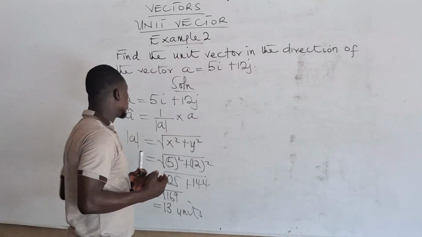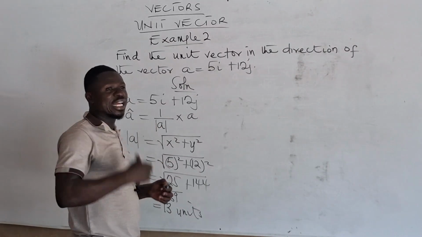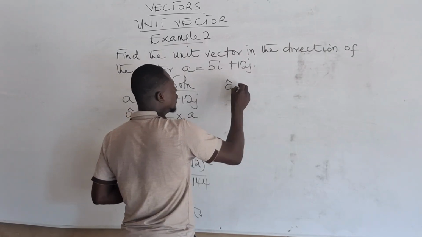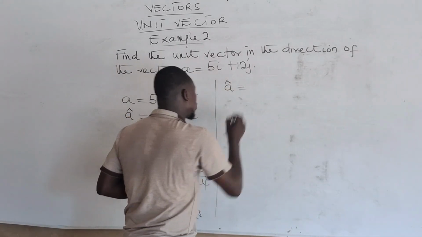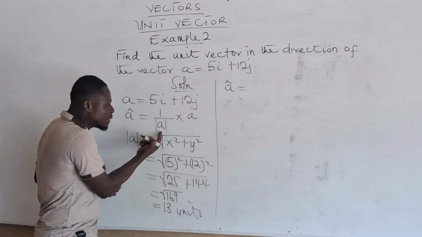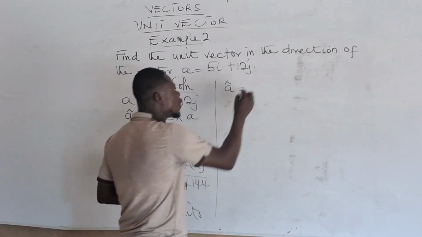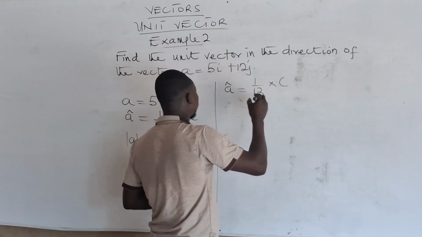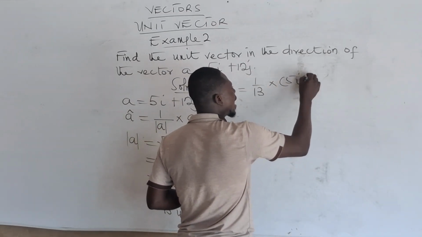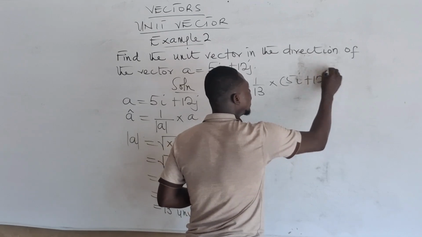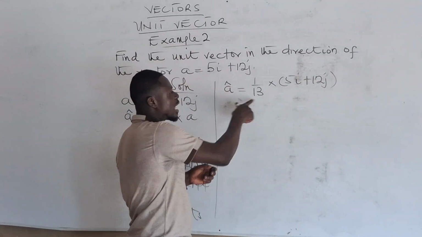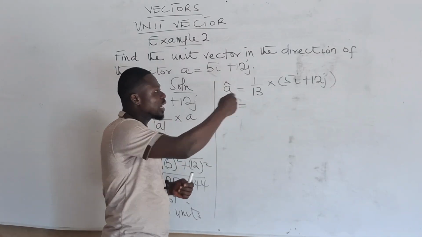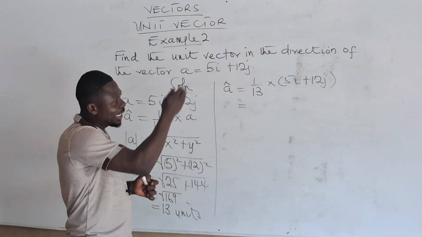Now let's move on to the finding of the unit vector of vector A. Here we will have A cap is equal to 1 on the magnitude, and the magnitude is 13, so it will be 1 on 13 multiplying the vector that was given, which is 5i plus 12j. In this case, this has become a scalar, and you multiply the scalar you have now, that is 1 on 13, by each of the components.